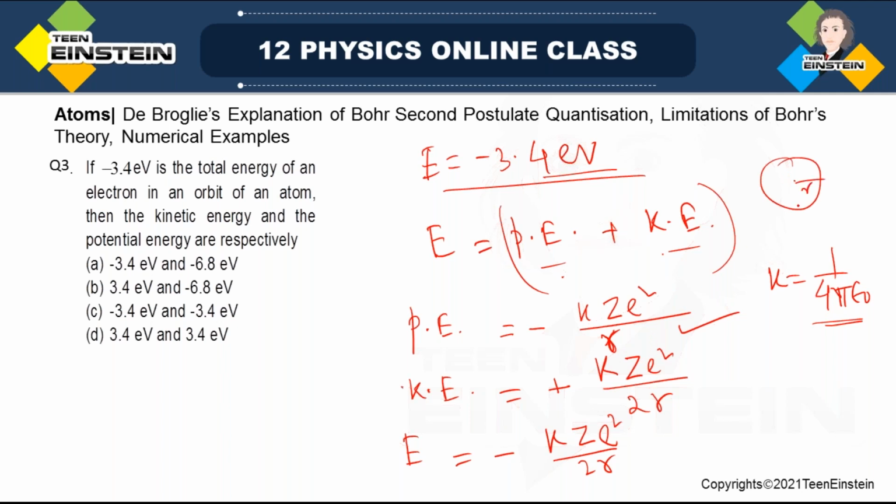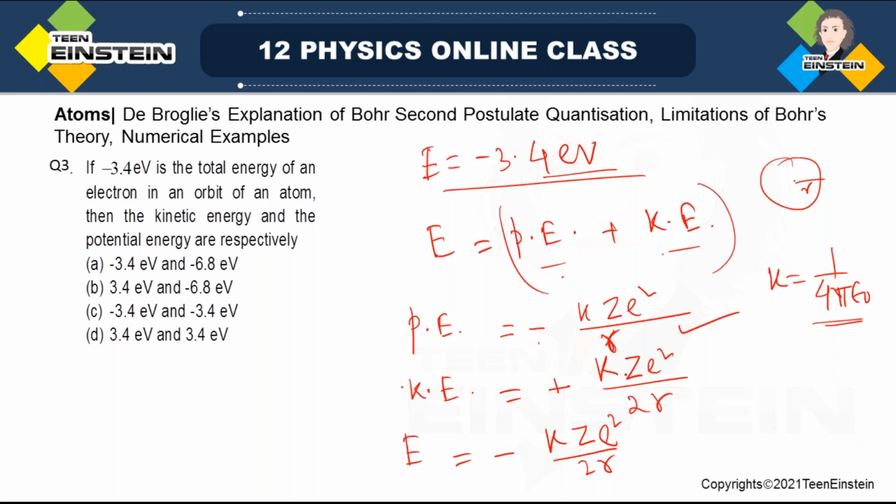In that particular orbit, this is the potential energy with a minus sign. This means that it is under the influence of the central force. Potential energy negative means it is under the action of a conservative force field.